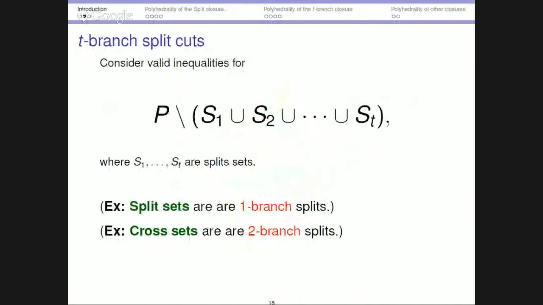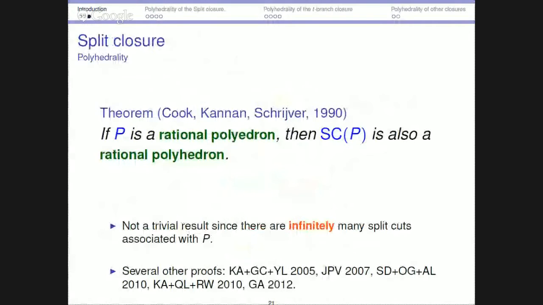This result is not trivial because you have infinitely many split cuts in general. It was proven in 1990, and later many other people worked on the same result using different approaches that are very interesting on their own. This is the result that we want to prove for the more general case, the t-branch split cuts.